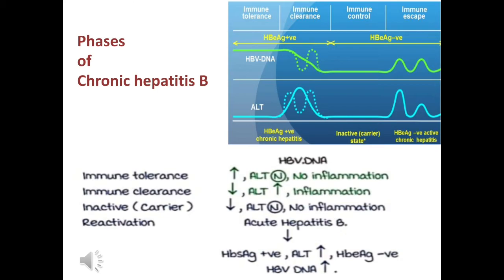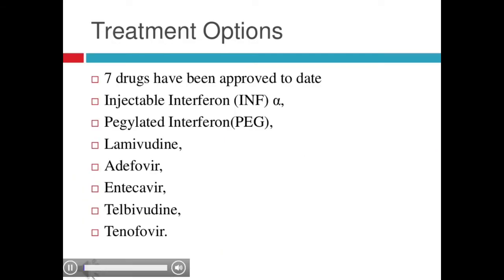Inactive or carrier state, if HBV DNA is decreased, ALT levels are normal and no inflammation is seen. Reactivation, if HBsAg is positive with ALT elevated, HBeAg negative, HBV DNA increased.